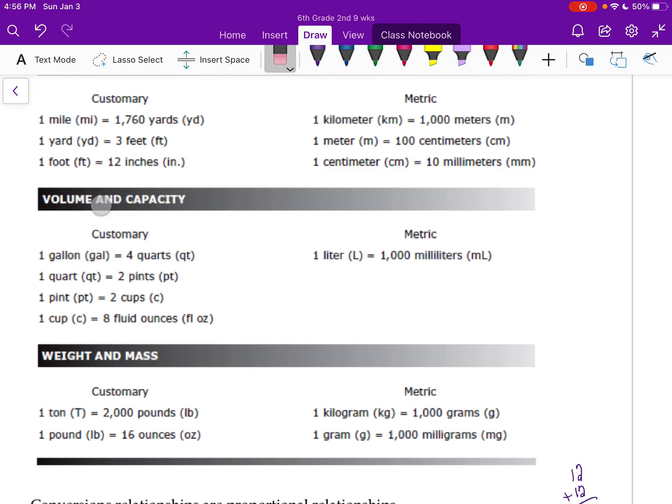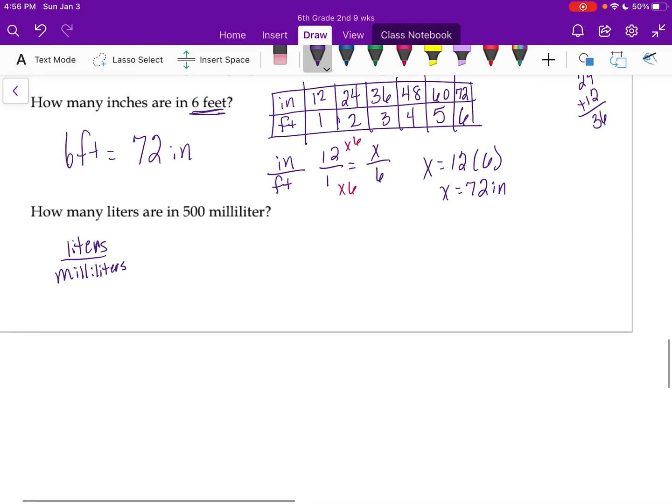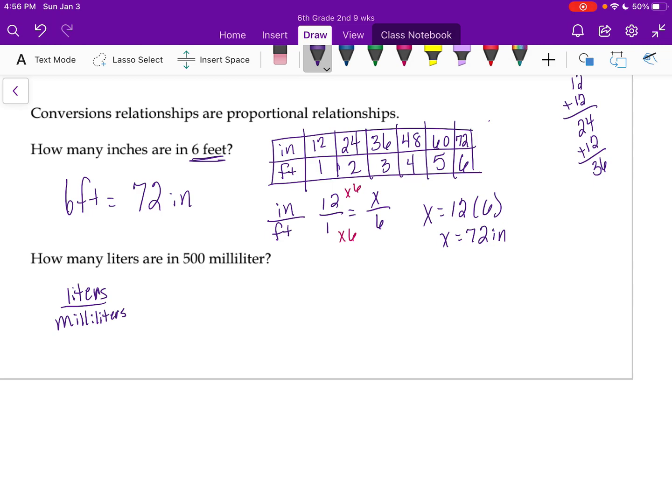This is customary. This is metric. So it says 1 liter is 1,000 milliliters. So I come back down here and I say 1 liter is 1,000 milliliters. And it's asking me how many liters. So x liters to 500 milliliters.